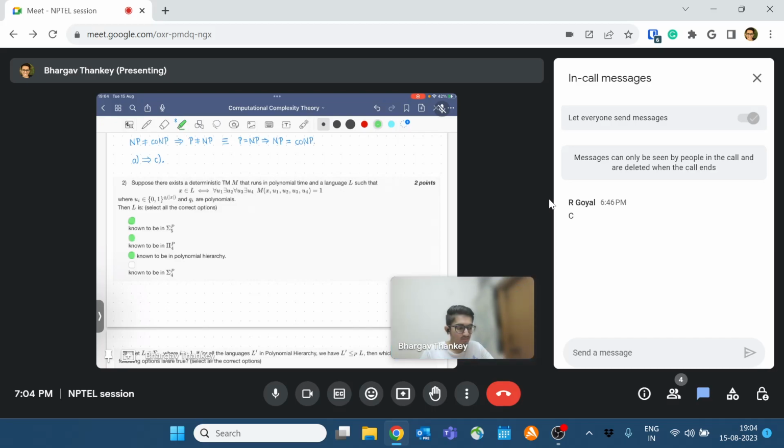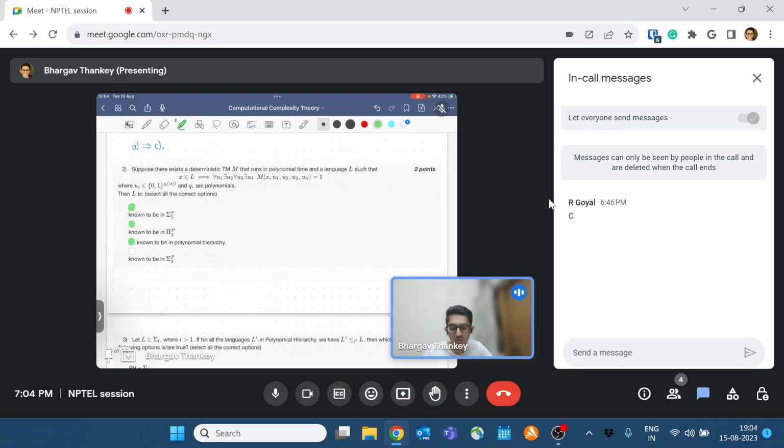Because I can always add a dummy existential quantifier in the beginning, and that will cause nothing. In general, sigma i p is contained in pi i plus 1 p, and pi i p is contained in sigma i plus 1 p. If the fourth one were known to be true, then we would know that PH collapses, but we don't know that yet. So we can't say anything about the fourth one.